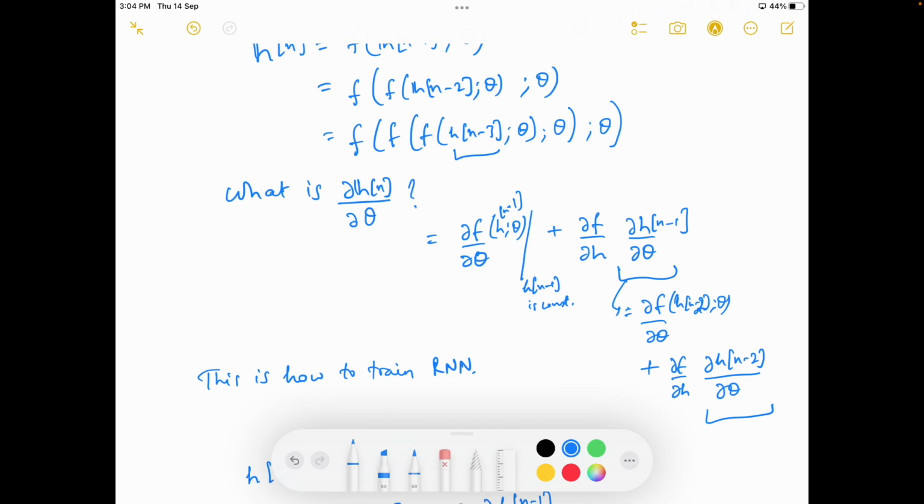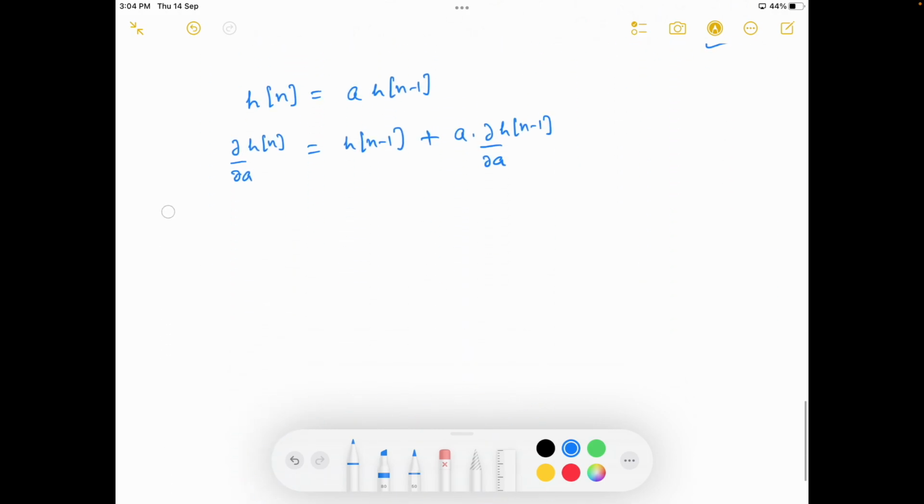Right, because there is a multiplication between theta and h n minus 1. Theta are the parameters. Yes. There is a multiplication between theta and h n minus 1. Could be multiplication or whatever, doesn't matter. I can give you another example where let's say my h of n is h of n minus 1 plus b.